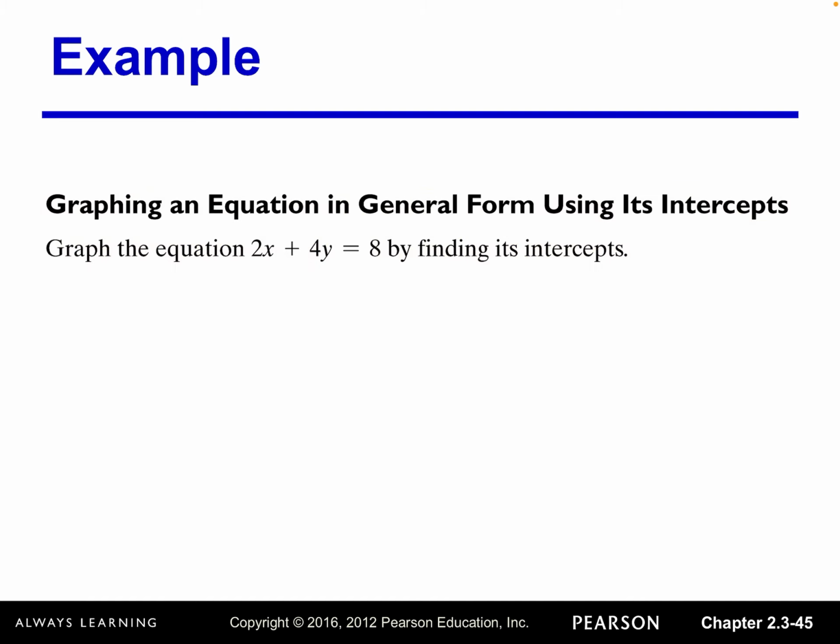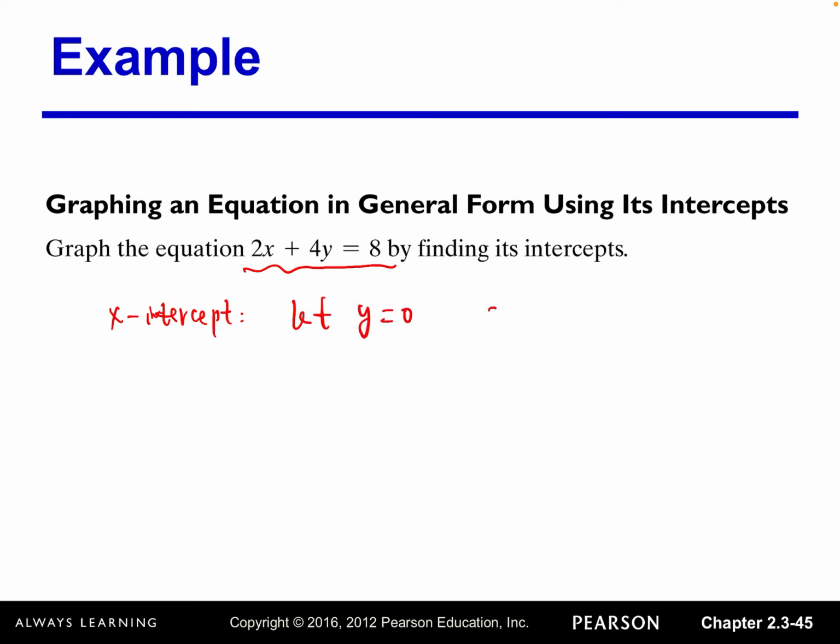So now let's look at an example. How can we graph an equation in general form using intercepts? We would like to find the x- and y-intercepts, given a line equation like that. So do you remember how to find the intercept? To find the x-intercept, we need to let the y coordinate be 0, right?